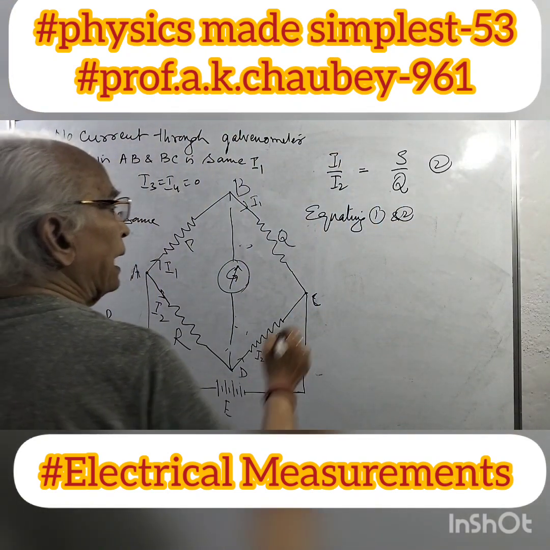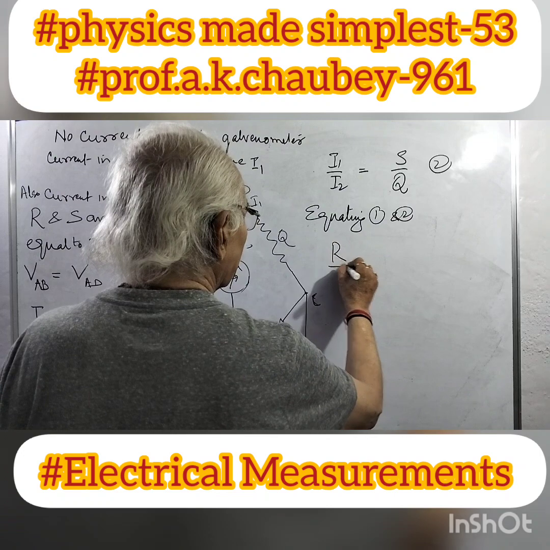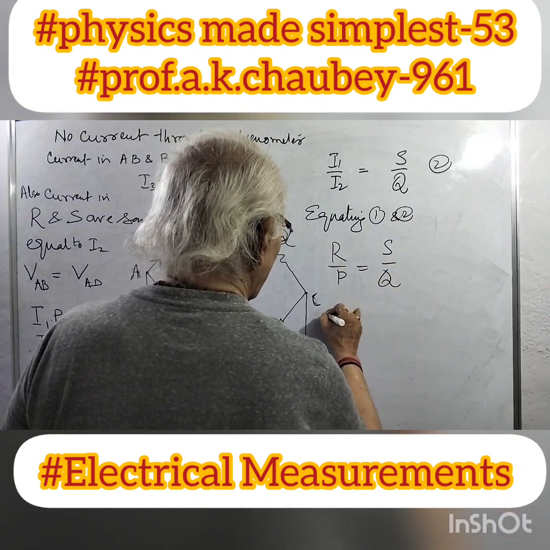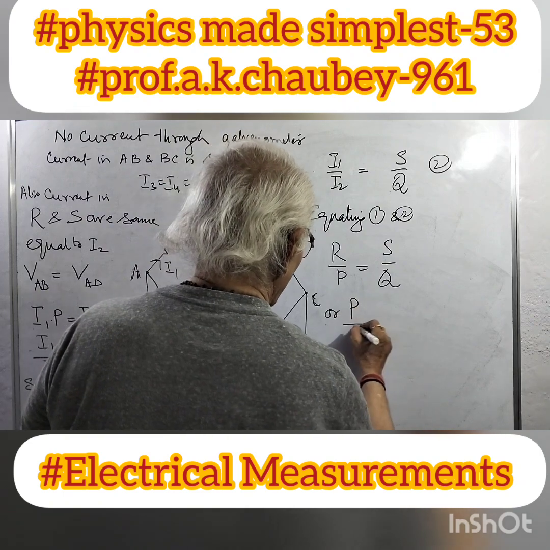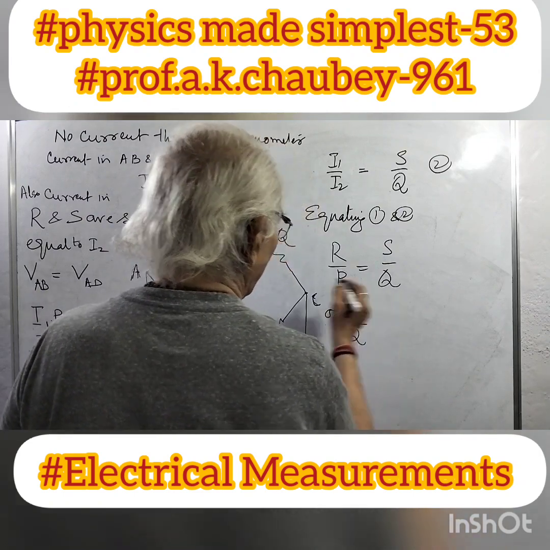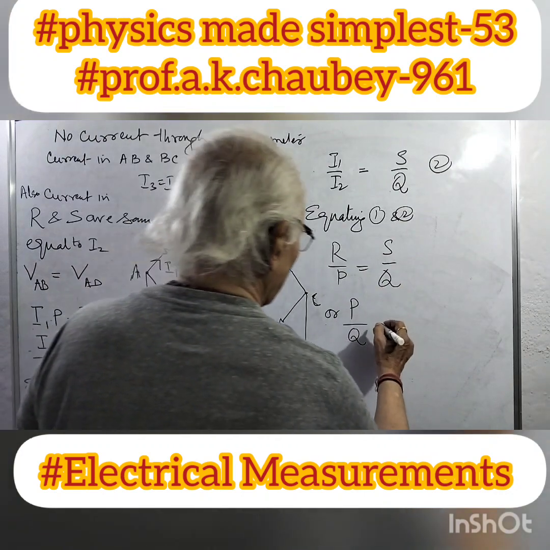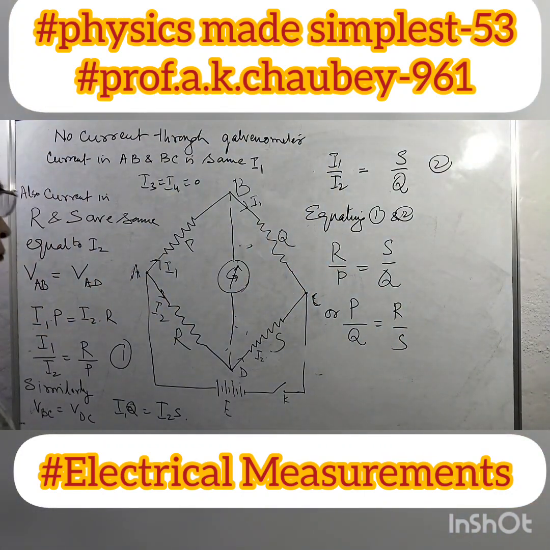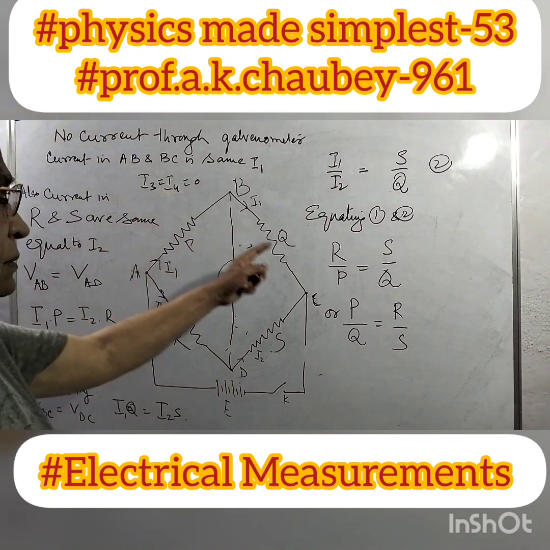That means R upon P is equal to S upon Q, or P upon Q is equal to R upon S. So that is 4 arms.